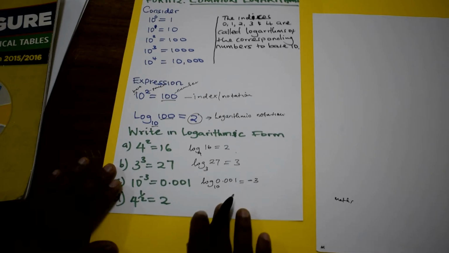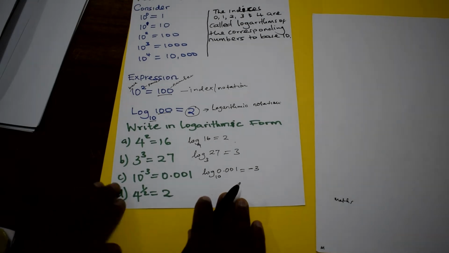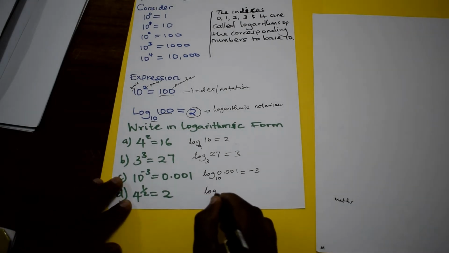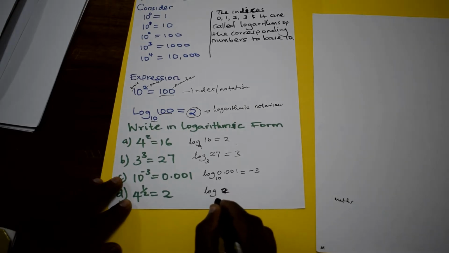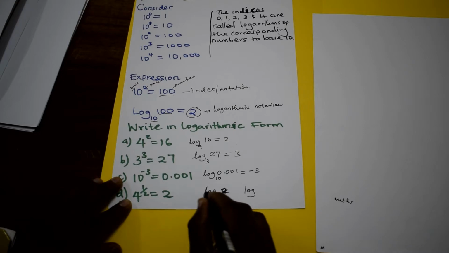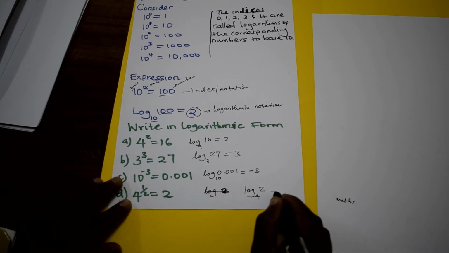And also if we have 4 power a half, this is the same as log of 2 to base 4 should be equal to a half.